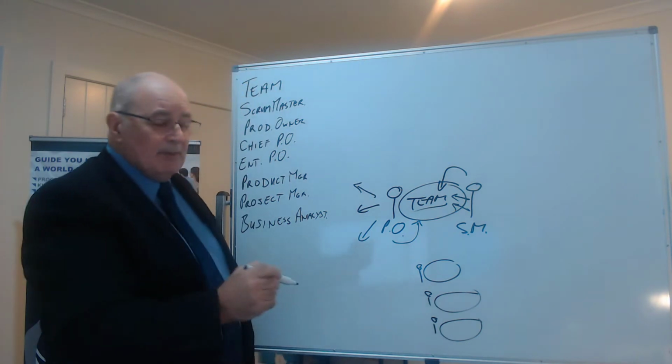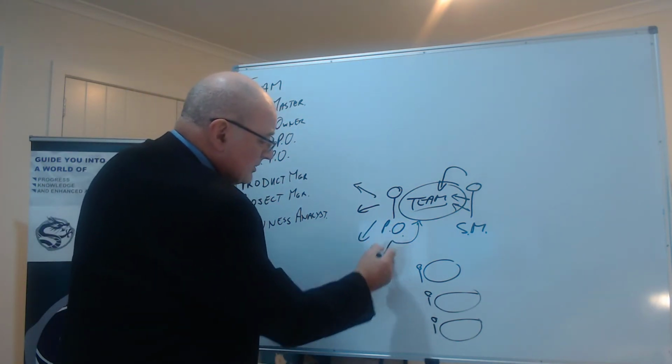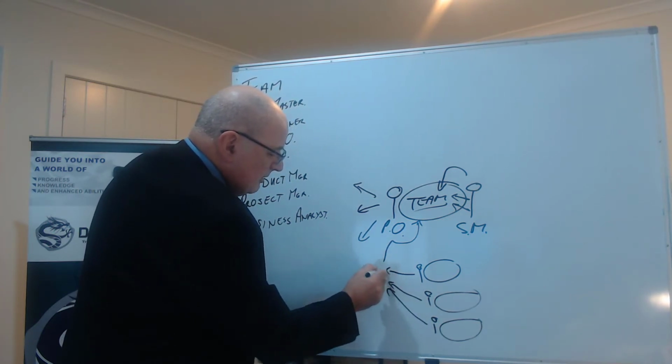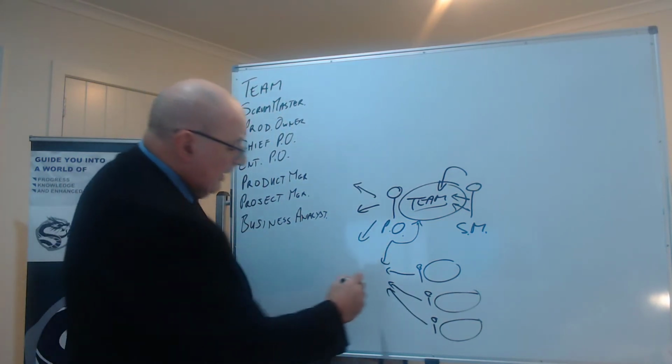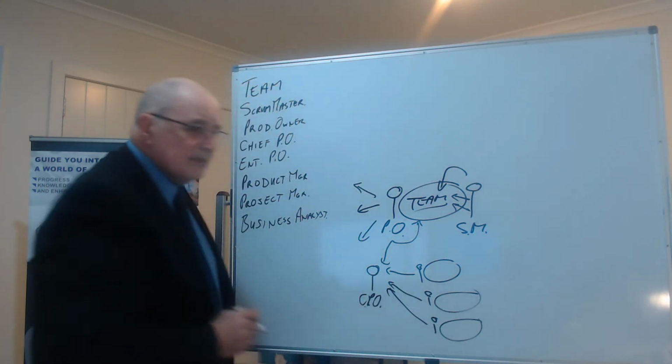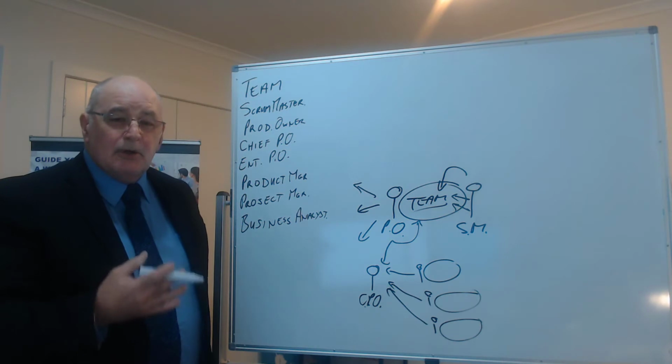So you get these product owners to get together, say once a week or so, or more often, and they have somebody called a chief product owner to look after that role.